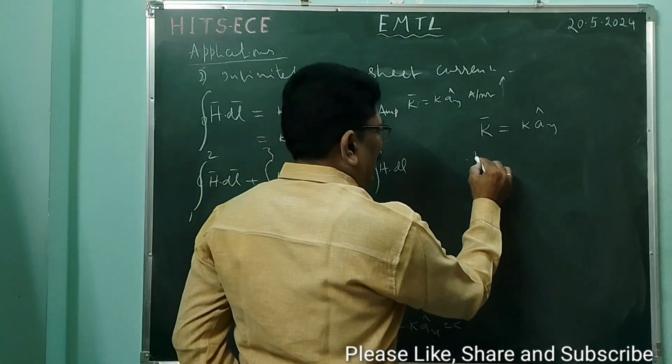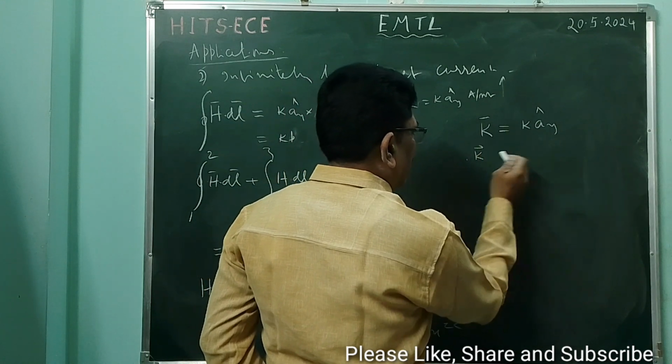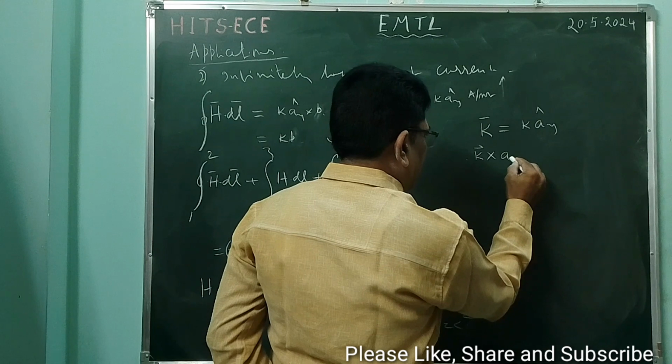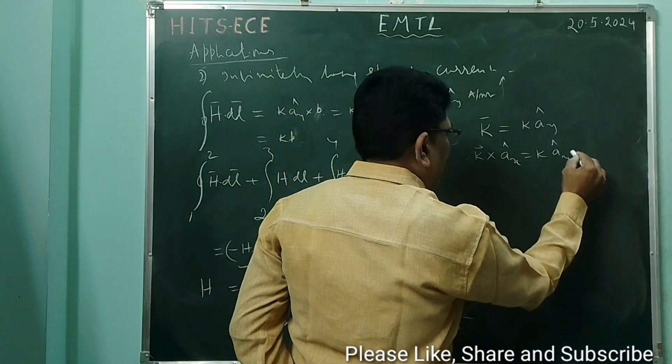Let us find out the cross product of these two on LHS and RHS. az cap cross K is equal to K into az cap cross ay cap.